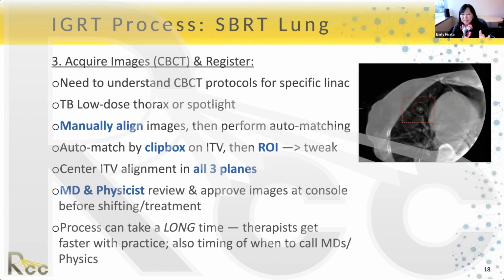Really important to remember to look over at the sagittal and the coronal as well, because it's easy to miss something, or notice, oh, I'm actually missing this tail end of the piece of ITV here. So I just want to emphasize, center your ITV in all three planes and really scroll through all three planes. Physician and physicist should review and approve those images at the console before any shifts are applied.